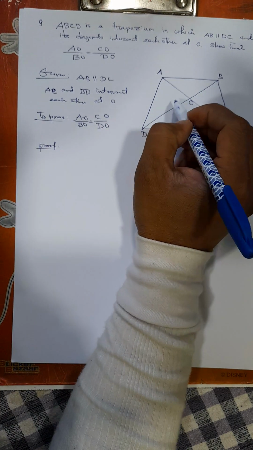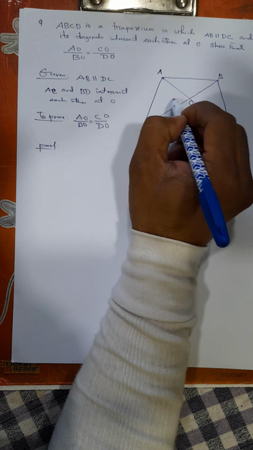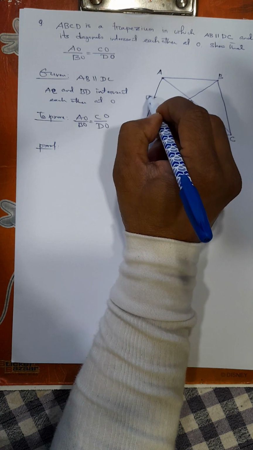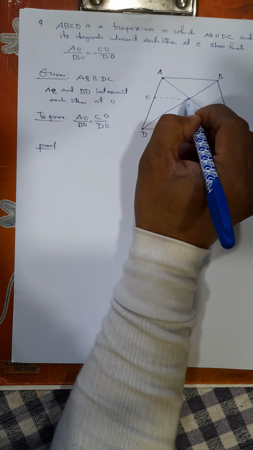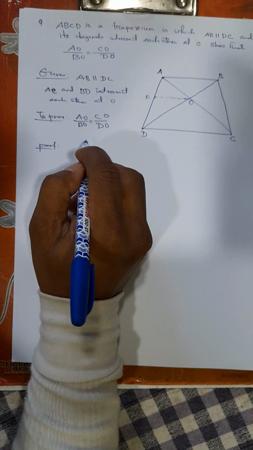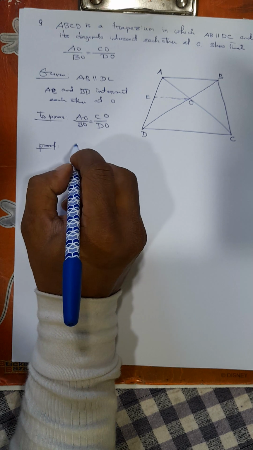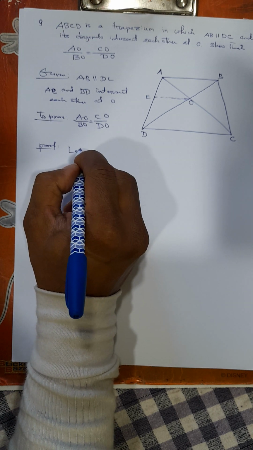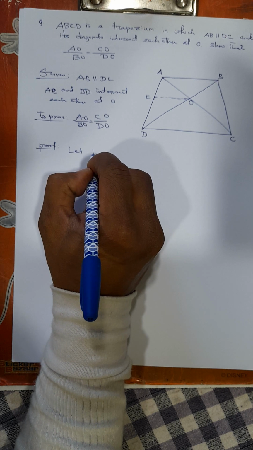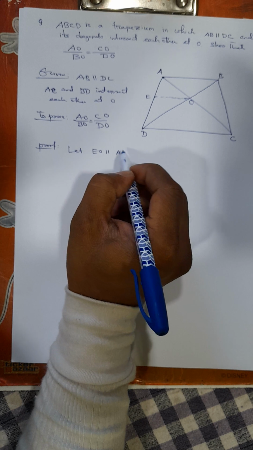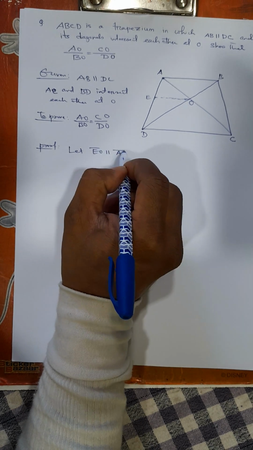Now let us draw a line from the point E so that it is parallel to AB, suppose. So it is an additional construction. Let EO be parallel to AB.